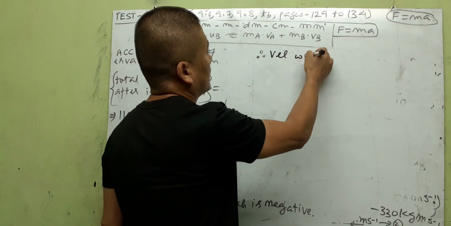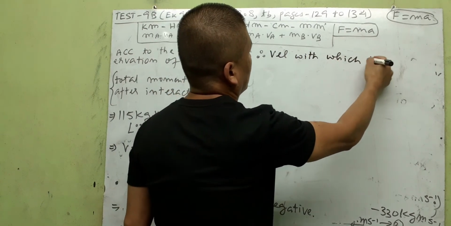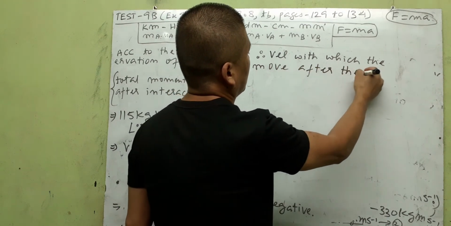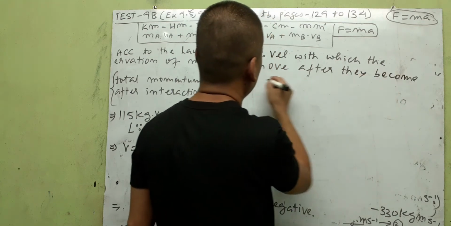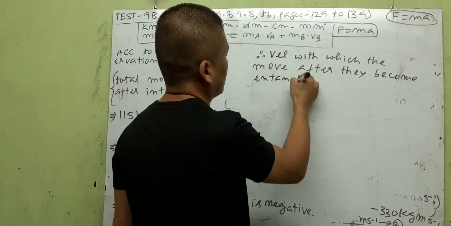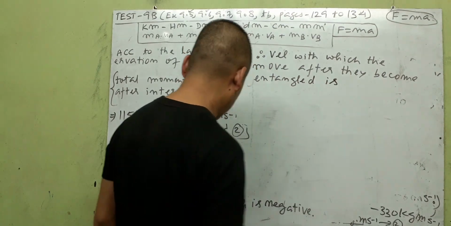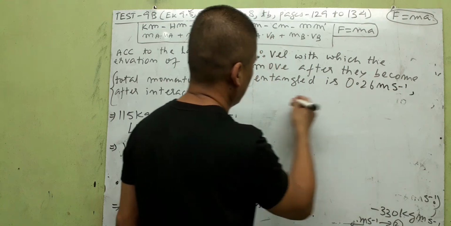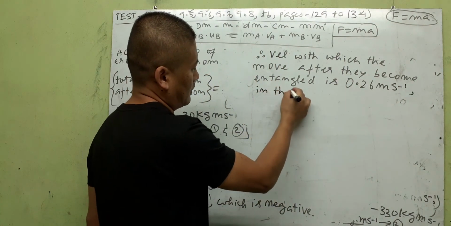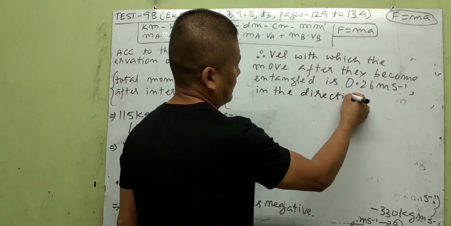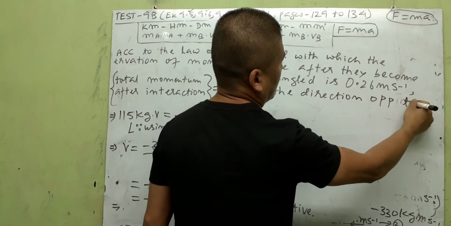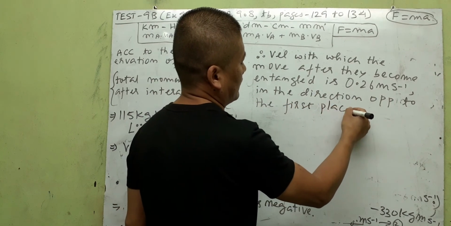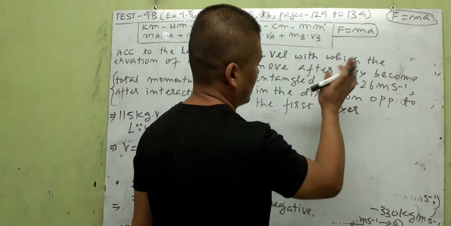The velocity with which they move after they become entangled, means after interaction, is this one here, 0.26 meter per second, minus means in the direction opposite to the first player, because first player was moving from left to right, plus, so minus means opposite.